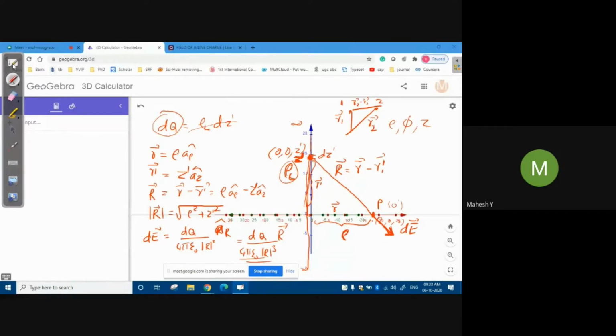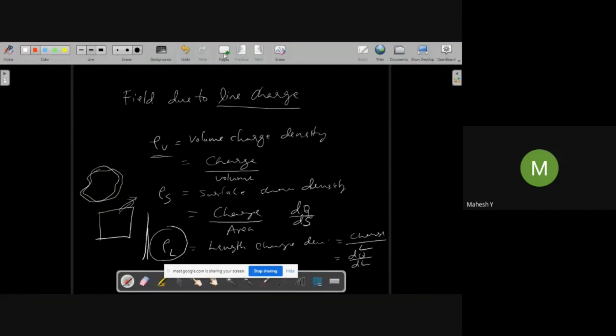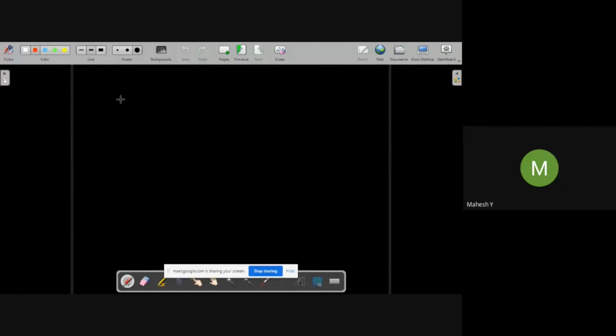So we got this expression. dE is equal to 1 by 4 pi epsilon 0, dq divided by mod r cube into vector r, which is 1 by 4 pi epsilon 0 dq.